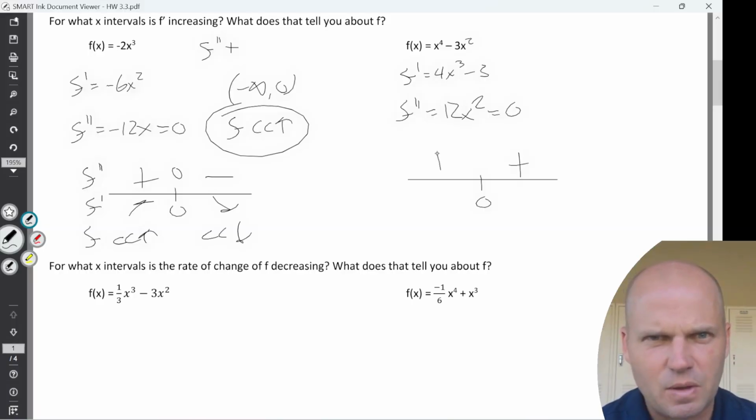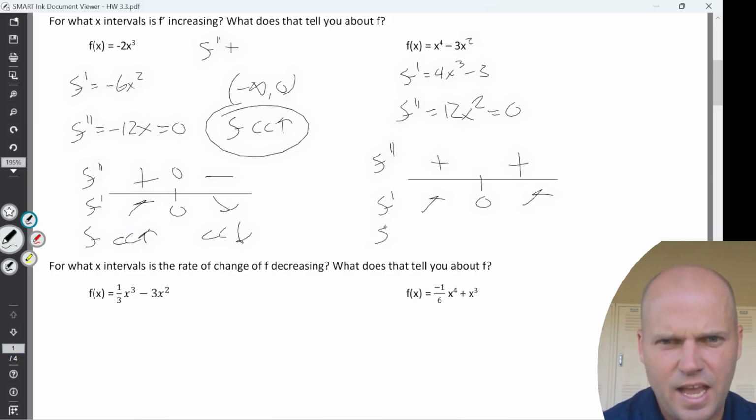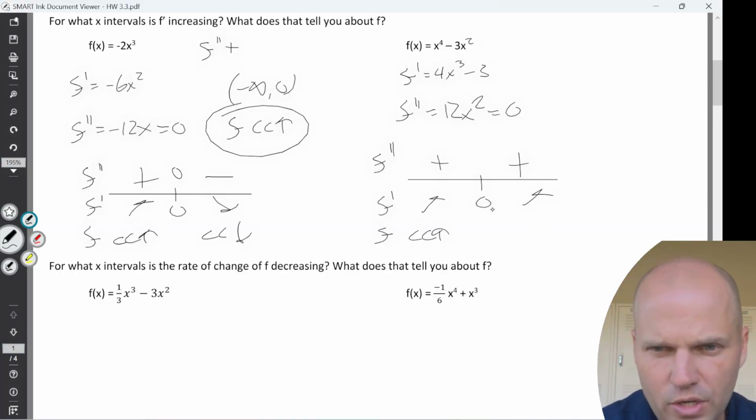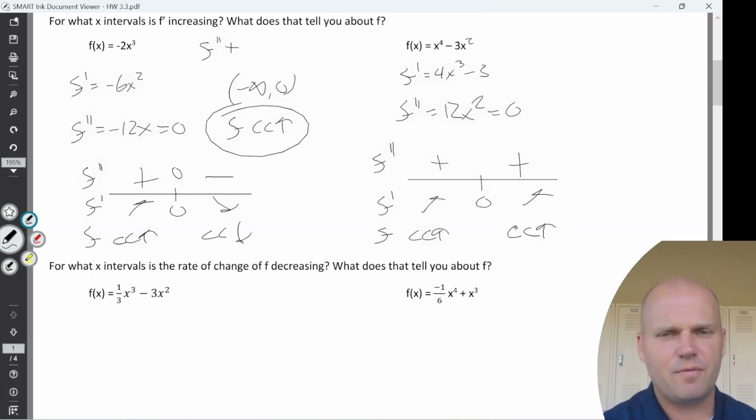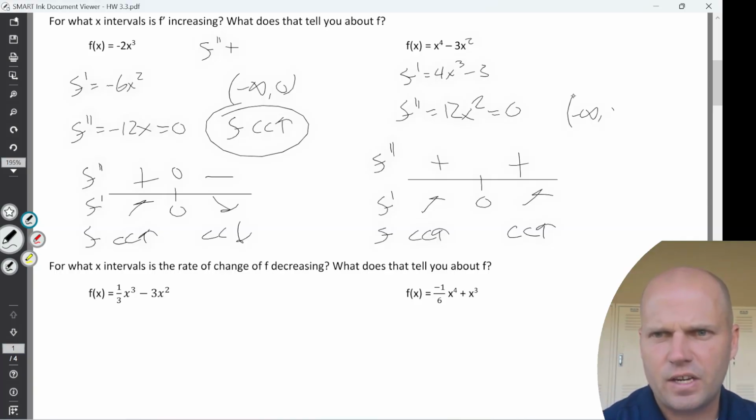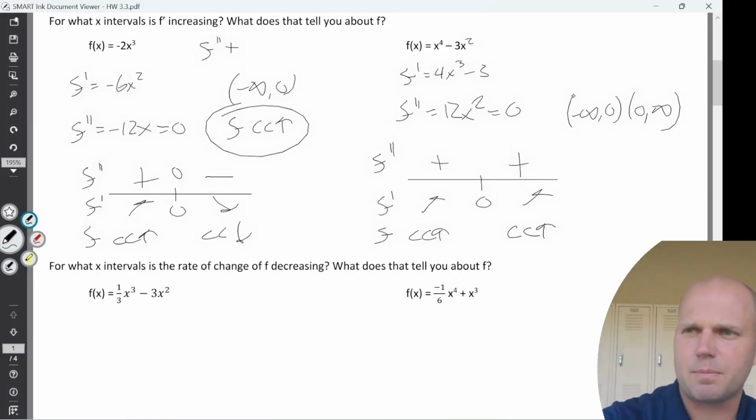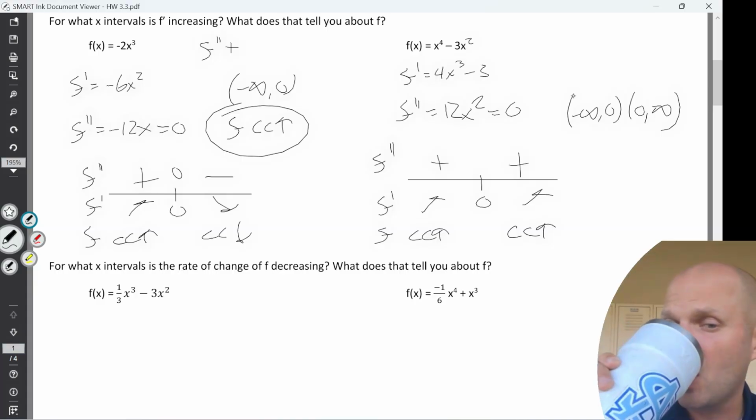But I'll have positives on both sides, which means f double prime is increasing and then increasing, which means f will be concave up. There will be one point where there's no concavity, and then we'll be back to being concave up. It's not going to be a point of inflection. I would say -infinity to 0 and 0 to infinity. I would not include 0, as that's a point where we have no concavity.